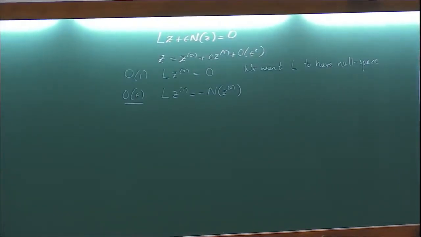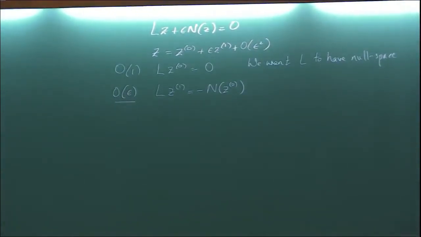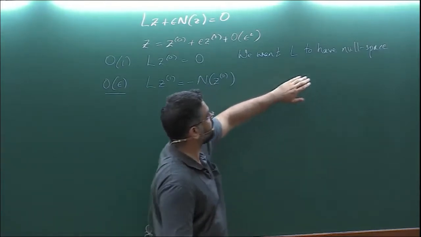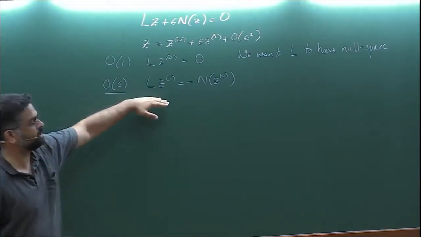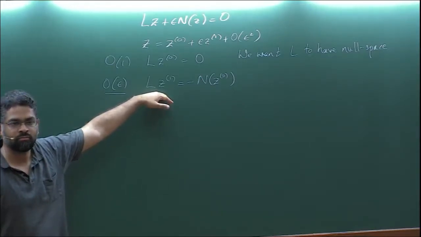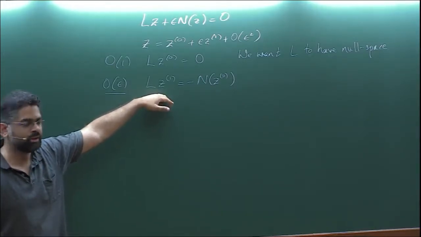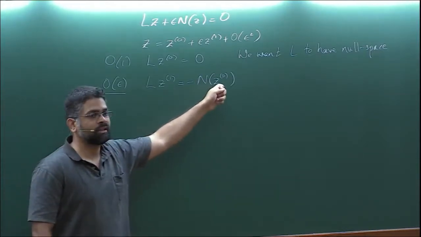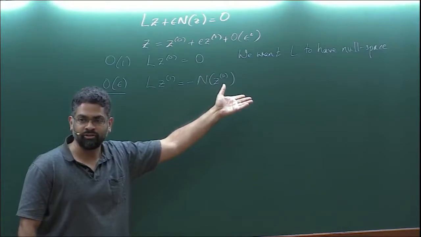In the language of operators, it just means there's a 0 eigenvalue, or more broadly, 0 is in the spectrum of the operator L. Okay? Since we have a non-trivial null space, you can't solve this equation for Z1 uniquely. But moreover, you can't solve this equation for Z1 unless N of Z0 is in the right range.